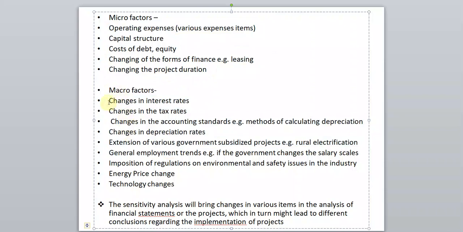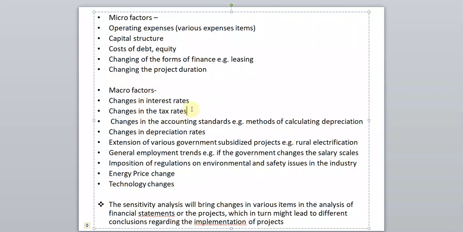So macro factors are changes in the interest rate. If the interest rate changes for the leasing amount or the debt we have carried, it will also alter the sensitivity and risk analysis. Then changes in tax rates. Suppose in the last financial year GST was 18%. This year it becomes more, it rises from 18 to 20%.